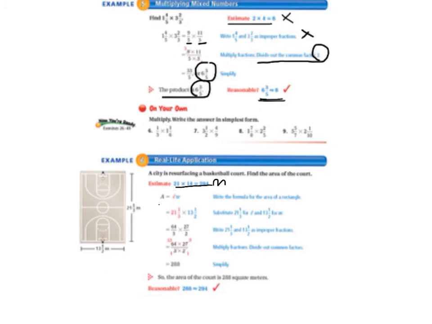So the book has very nicely reminded you of your area formula, and we substitute in our numbers, and we change 21 1/3 to an improper fraction, so it comes out to be 64 thirds, and 13 1/2 comes out to be 27 halves. Multiply fractions and use our shortcut of dividing out common factors.